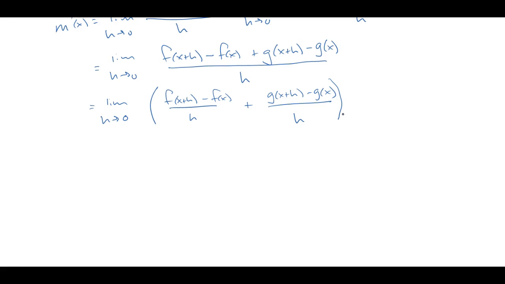One last thing then now. With this limit as h approaches 0, in one of the other little screencasts, we said, you know what, we're going to go ahead and take this limit, and let's take the limit of each quantity inside.